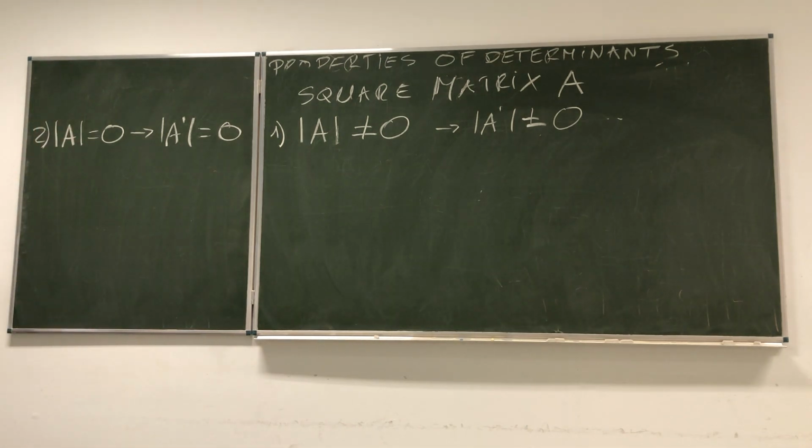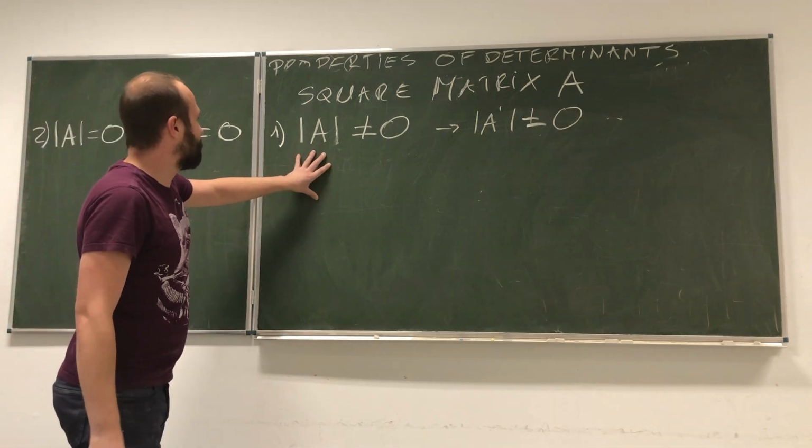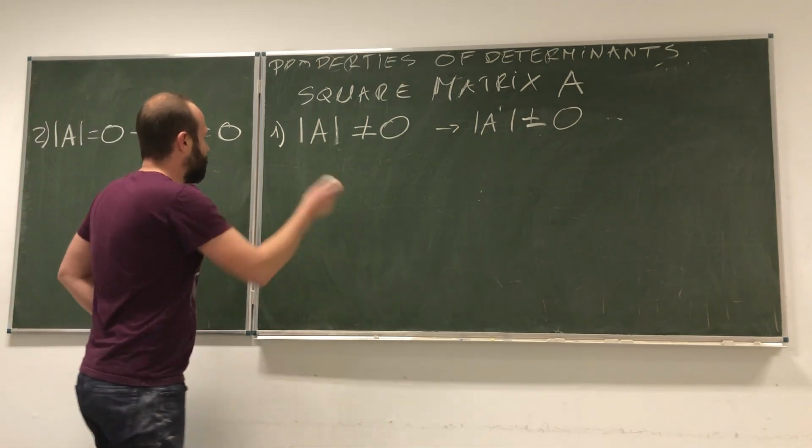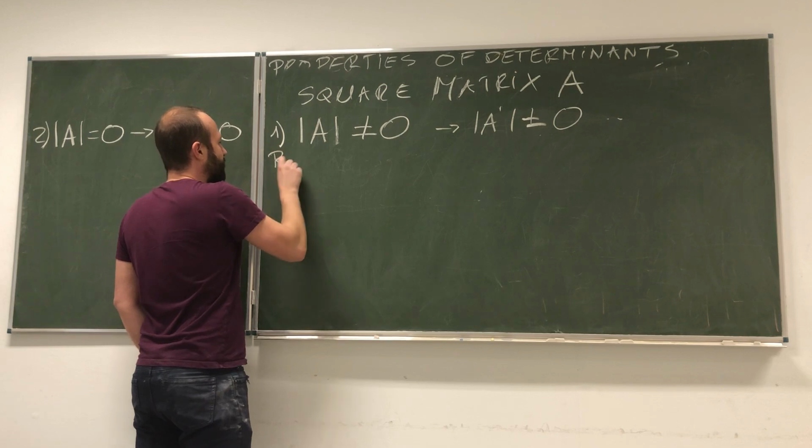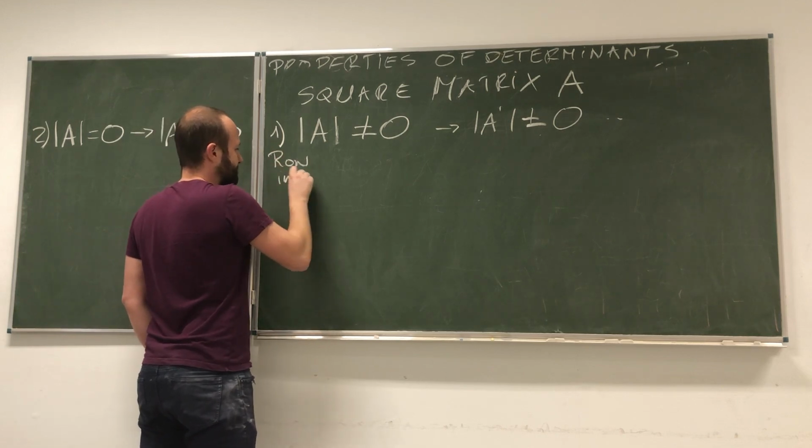So look, in this case, we can say that those rows are not independent. So okay, let's write here: row independence.